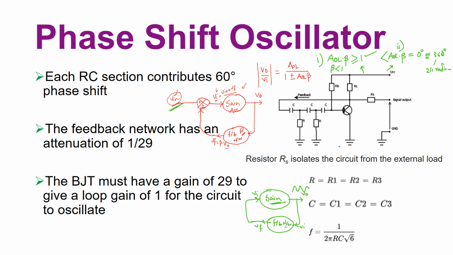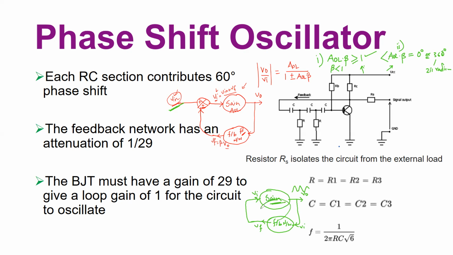Based on those values, there is a frequency of oscillation, or frequency of the filter actually. So those networks composed of RC or LC make up a filter. That filter's job is to select only a single frequency that is coming to it as an input, filter it out and give it back for further amplification.